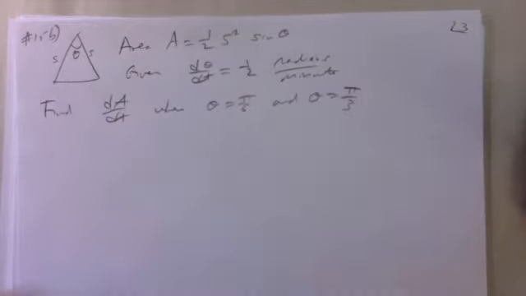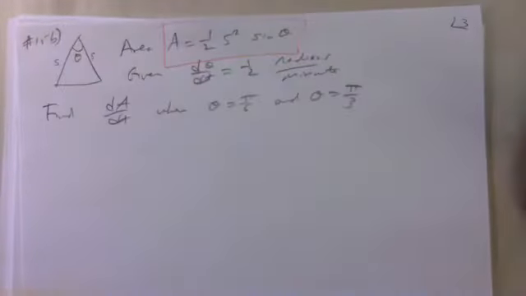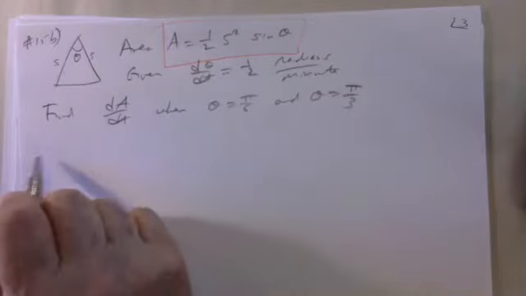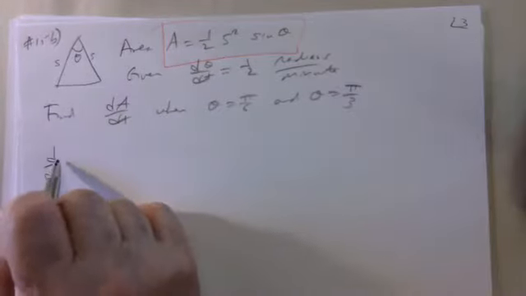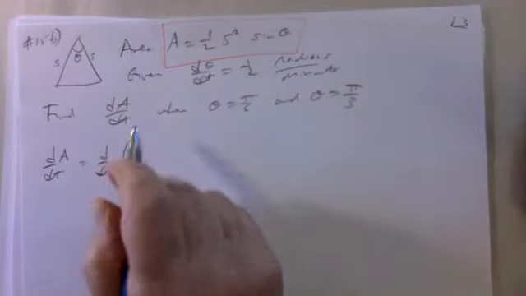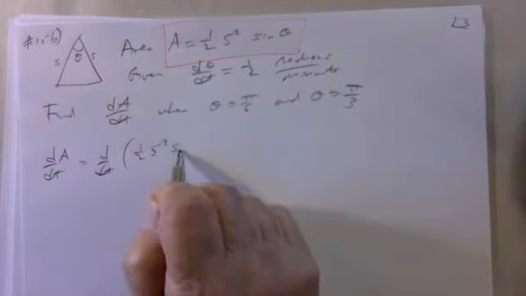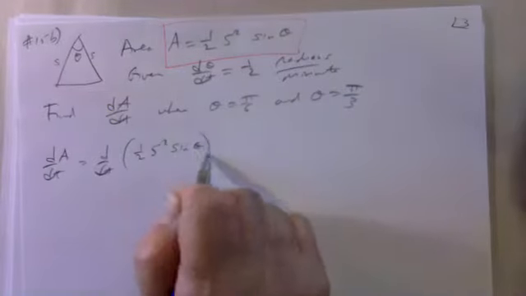So this is our formula for the area. So dA/dt, that's the derivative with respect to t of 1/2 S squared sine theta.